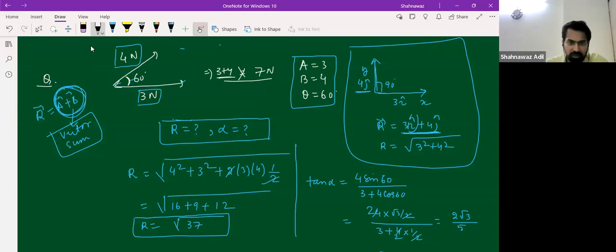One more thing to remember is that the universal unit vector form is different, and the polar form is different. Whenever you are given the vectors in polar form, then you use the parallelogram law, and addition and subtraction in the unit vector form is different. That is easy.